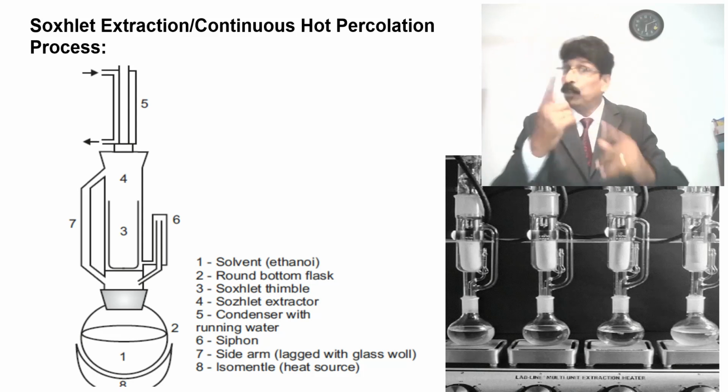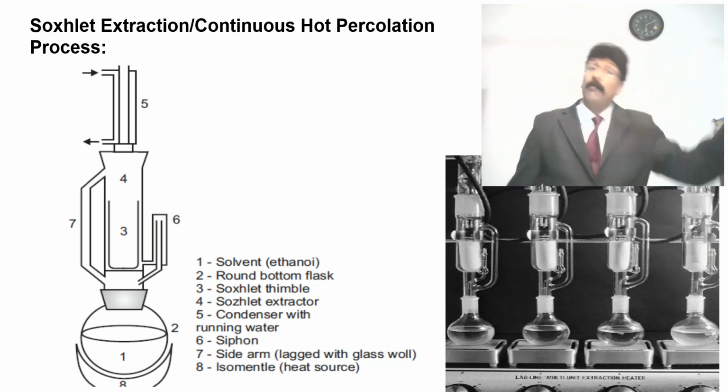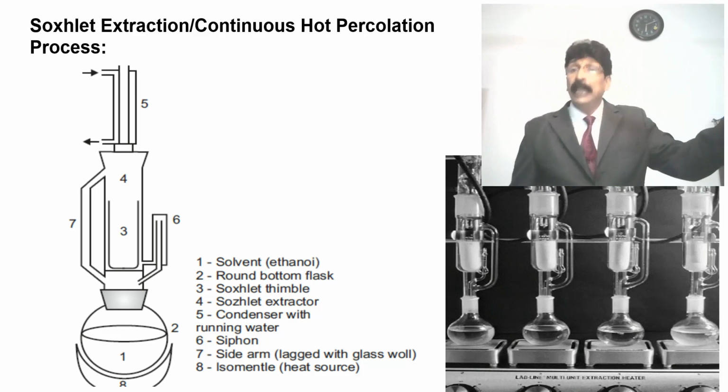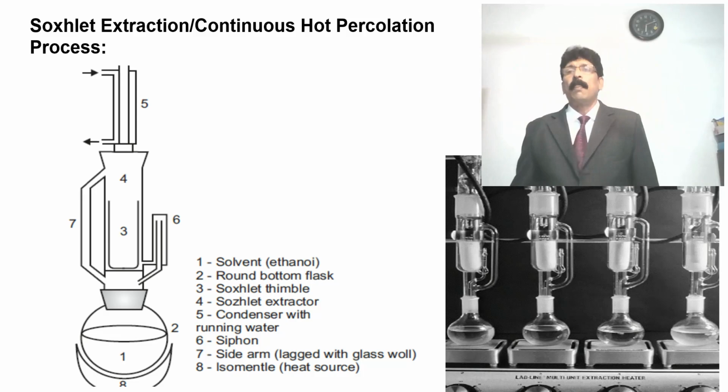The 4th one which I told is the heating mantle, and the 5th one is the rubber tubes which have to be connected for water inlet and outlet for the condenser, which is shown in the picture as number 5.